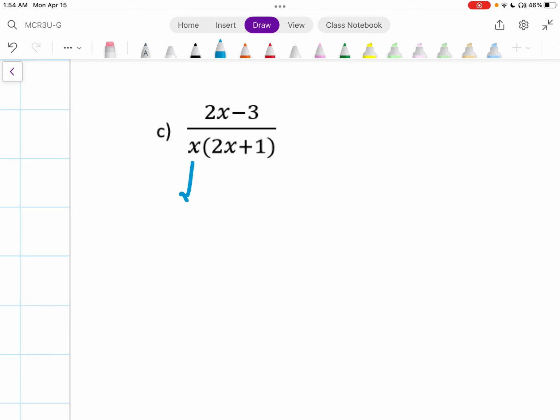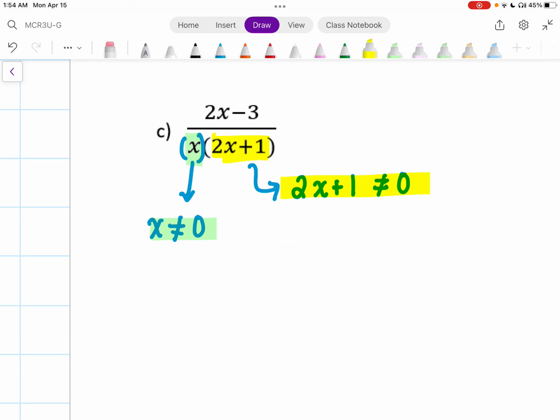Okay, so here we have x cannot equal 0, right? And then we're going to take this bracket because it's just like that product rule. So 2x plus 1 cannot equal 0, right? So neither this bracket nor this bracket can equal 0, and then this bracket also cannot equal 0, right?